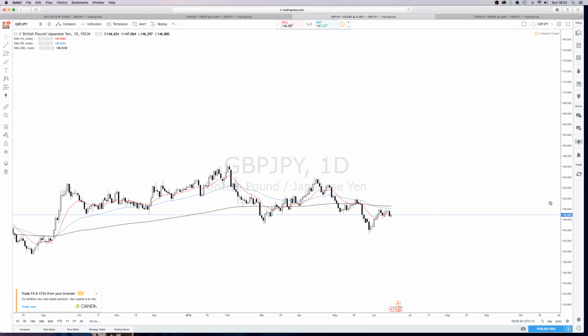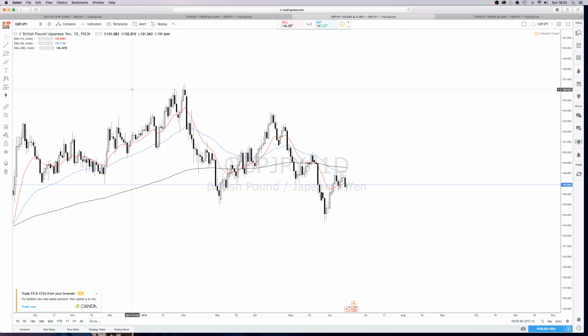So on the daily, it does become a lot more apparent. We've had our high, push down, higher low, lower high, higher low, higher high. I'm getting confused now. Oh dear, we've been in a downward movement. I'm getting confused with my lower lows and higher highs.